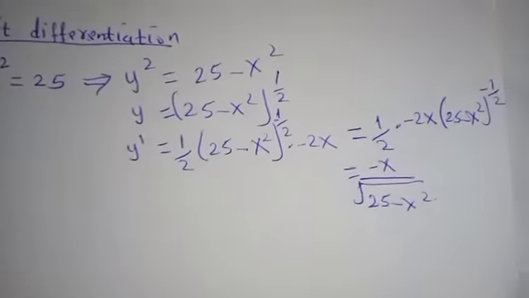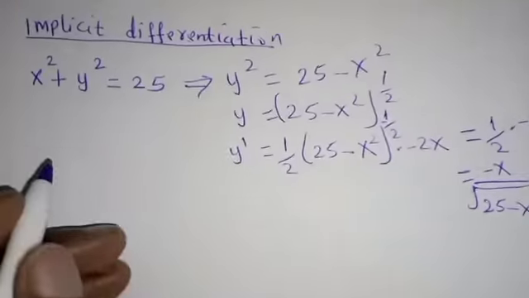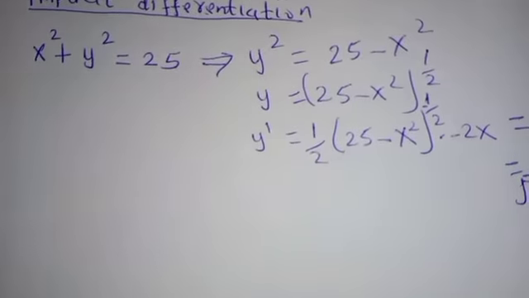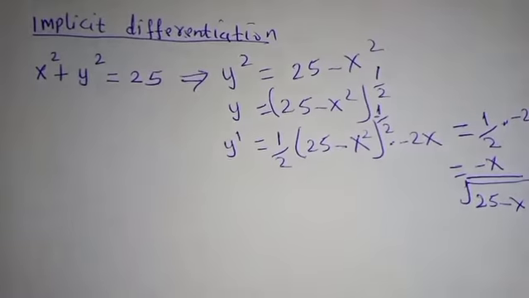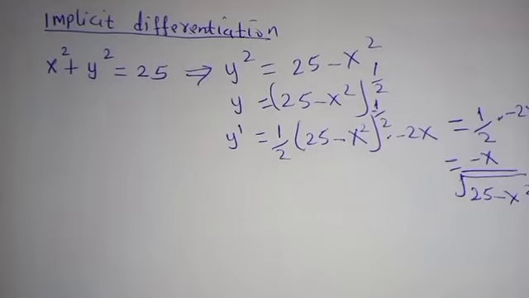So there is a situation whereby now it is not possible to make y the subject of the formula. In such cases, that is when now we make use of implicit differentiation.